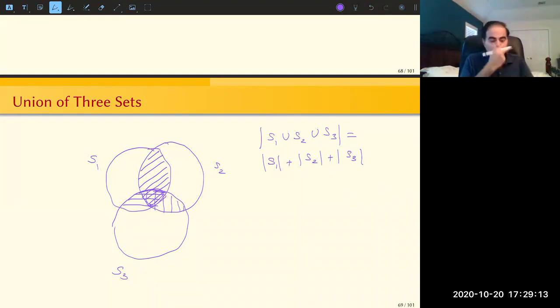So what do we do? We want to get rid of the double counting.